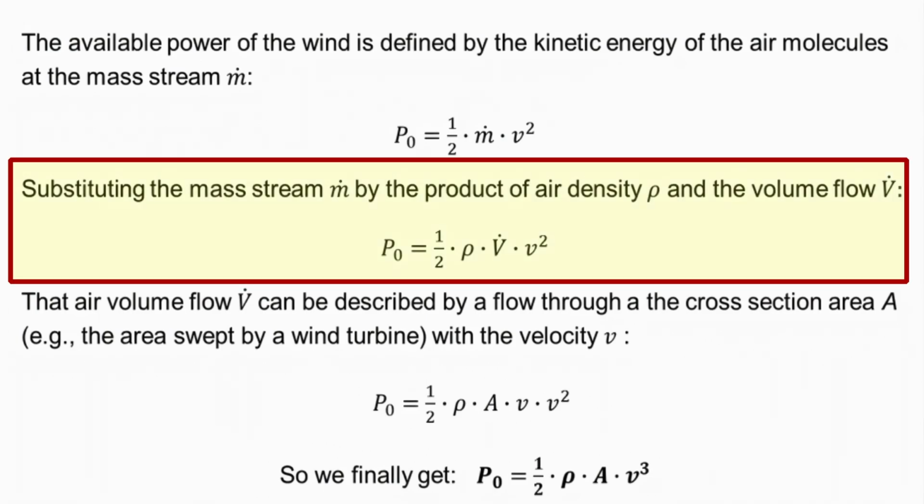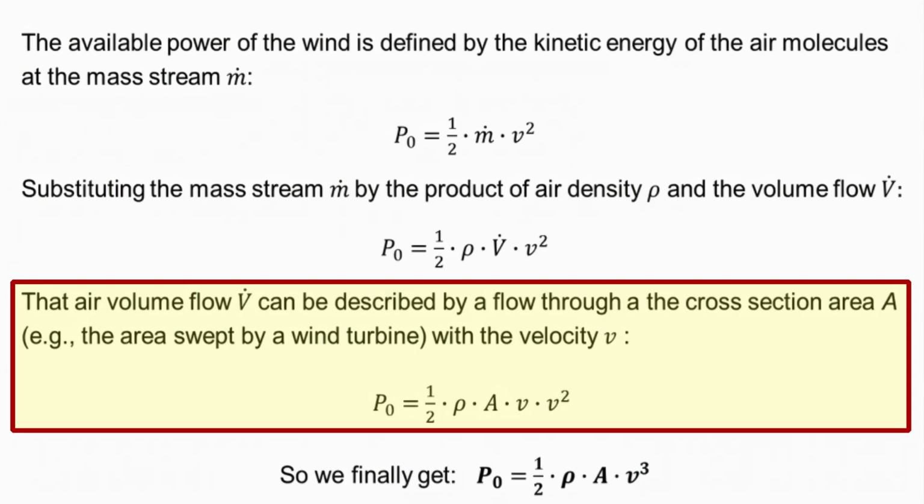If we substitute the mass stream m dot by the product of air density and the volume flow V dot, we then have P is half rho, that's the air density, times V dot times v squared.